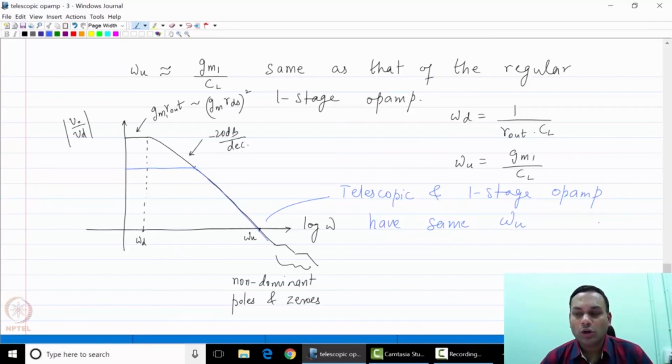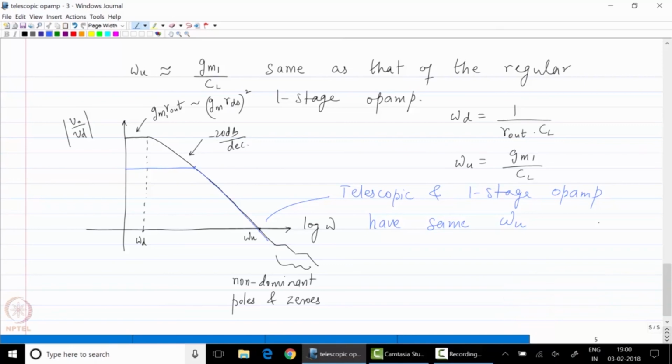This is important to note because omega u represents the true speed of the op-amp when placed in feedback. Therefore, the telescopic op-amp has given us larger DC gain, but it will not help in making the op-amp faster.